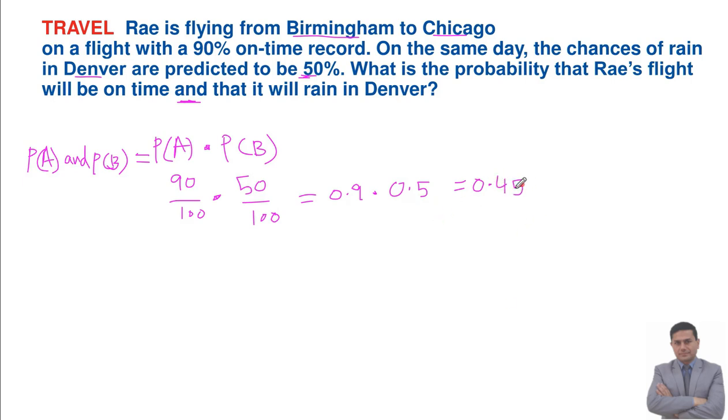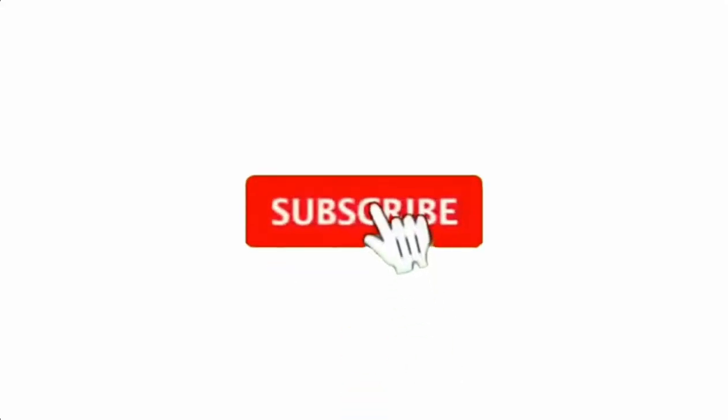Converting this 0.45 to percentage, we have 0.45 times 100, which is 45%. So there is a 45% chance that the flight will reach on time according to the record, and there will be rain in Denver. So this is our final answer.